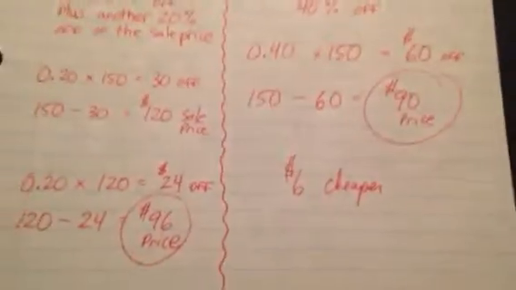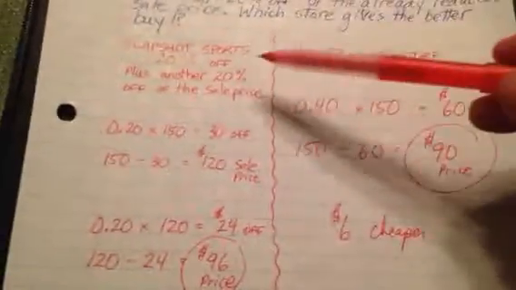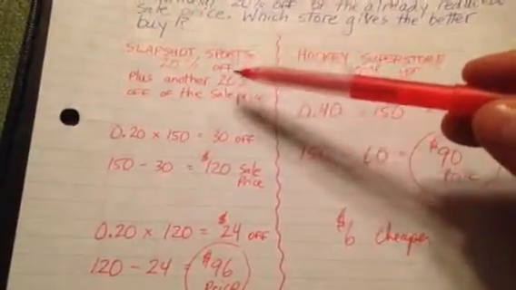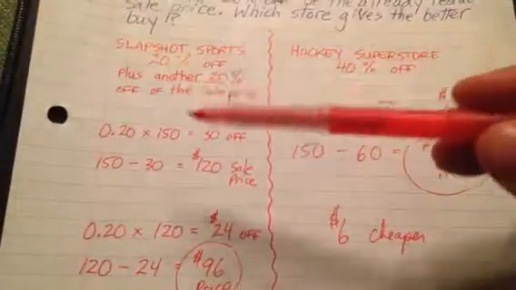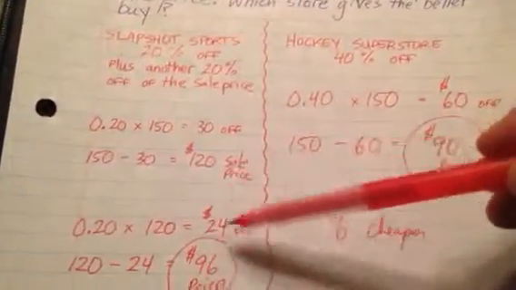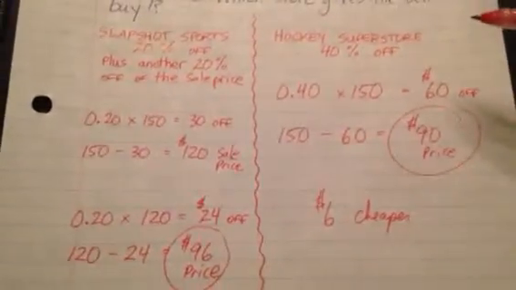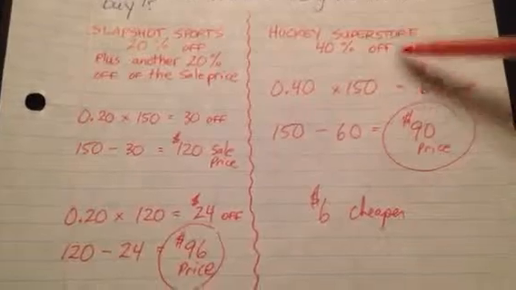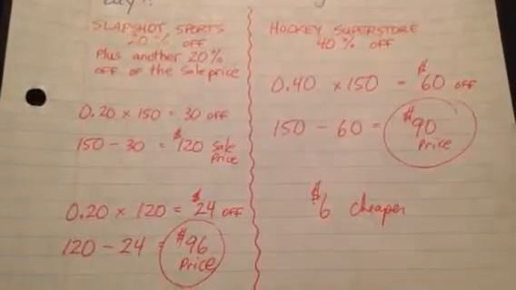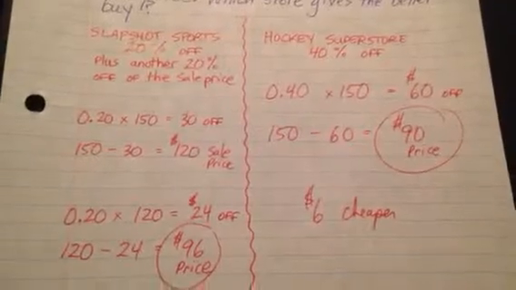And that's simply because that's what happens when a sale is taken off all at once versus 20% off the one price, and then they reduce the price, and 20% off of the already reduced price. You save less the second time, meaning that it's better to shop at a store that's offering one big sale as opposed to two smaller ones. Anyways, hope you get that, and good luck in your percent problems.